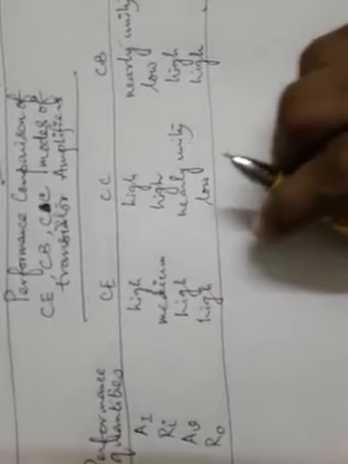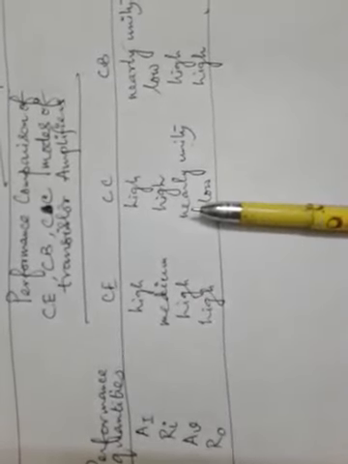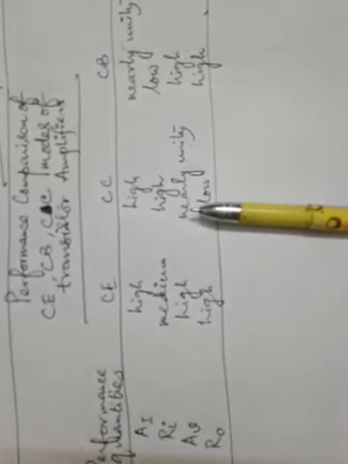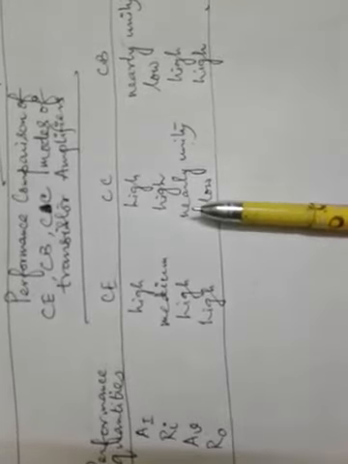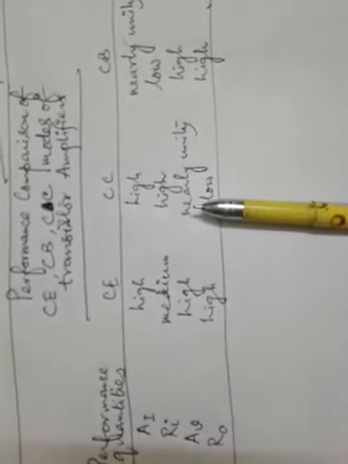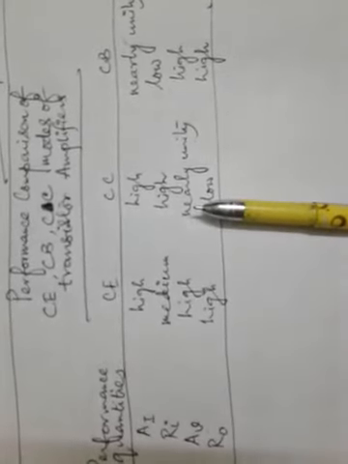And this common emitter mode amplifier stage introduces a phase reversal between the input and output side, as you have seen in one of my last discussions. So this mode is the most flexible and useful among all the three modes.